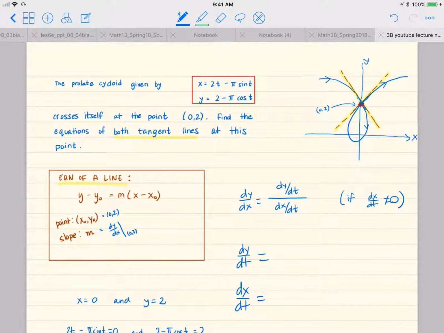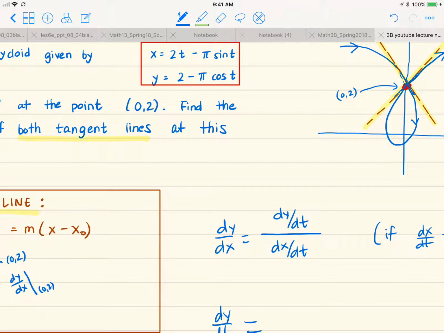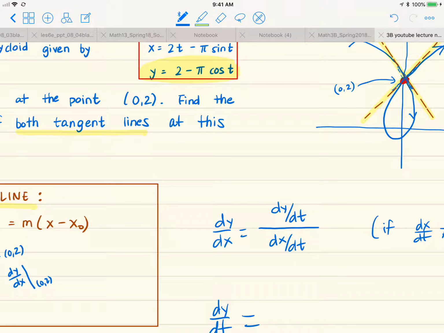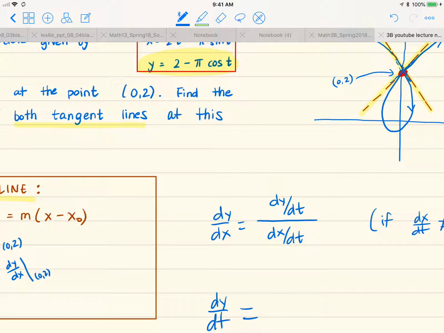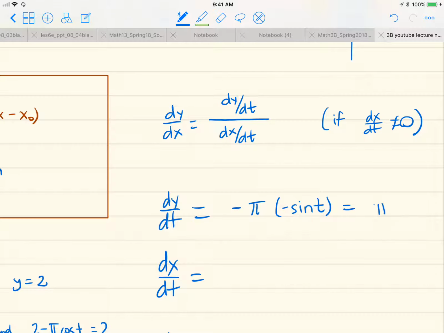Okay, so what is dy/dt? Now here's y. y is 2 minus pi cosine t. So dy/dt should be minus pi times the derivative of cosine t, which will be negative sine t. So we should end up with pi sine t.